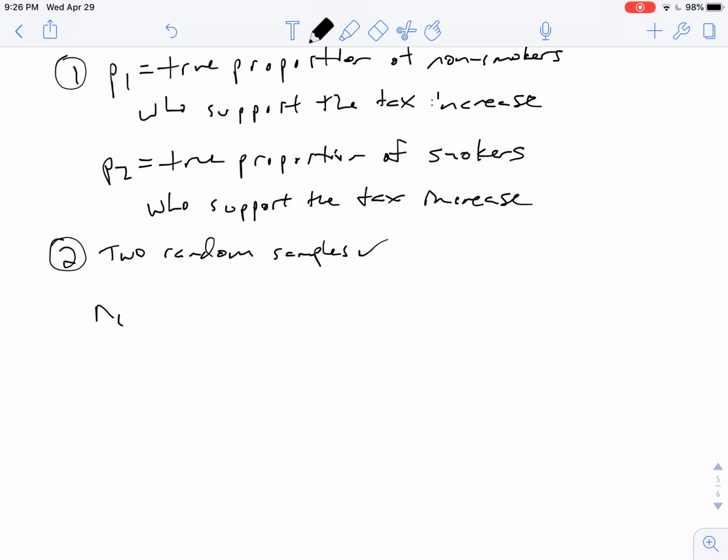So N1 times P hat 1 is 605 times 0.58, which is 350.9. That is greater than 10.